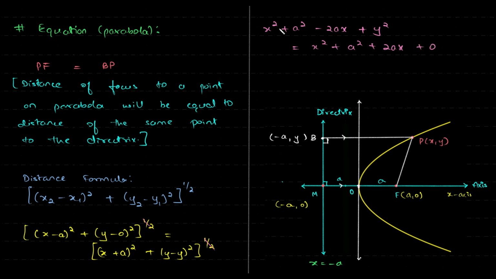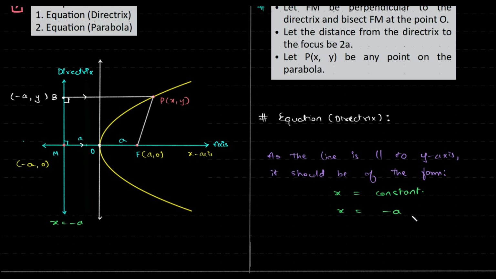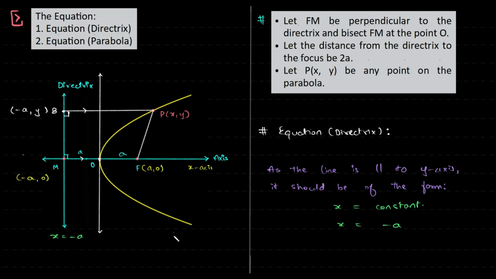So further cancellation involves x squared on both sides, a squared on both sides. Now I have minus 2ax and plus 2ax, which are not the same sign, so they can't be cancelled. All I have to do is rearrange this. y squared is equal to, if I transpose it, 4ax. They're like terms, I can add them. And we have the equation of this particular parabola. So this is your derivation of one of the possible parabolas.